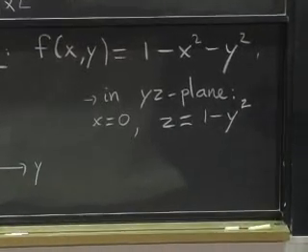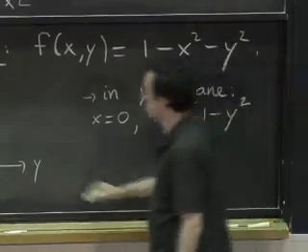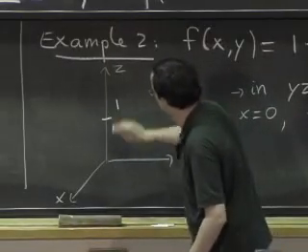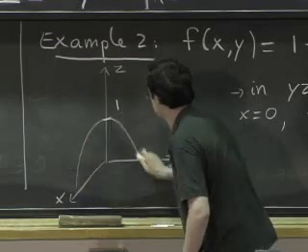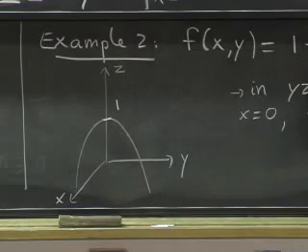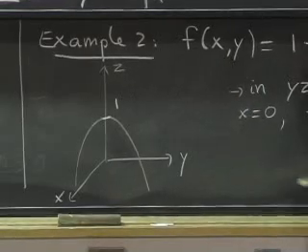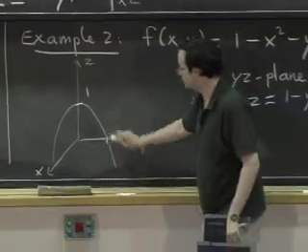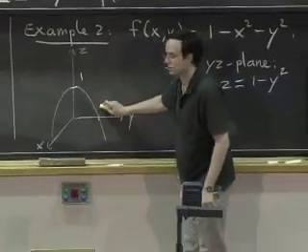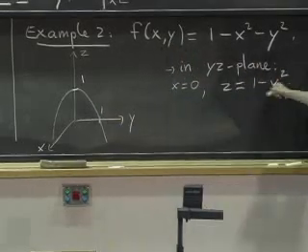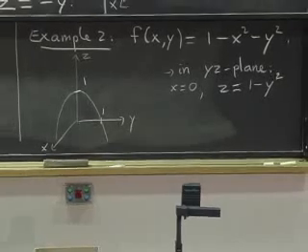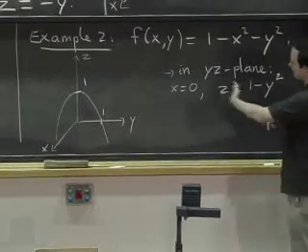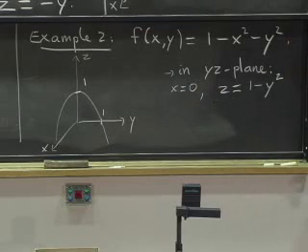It's a parabola pointing downward and starting at 1. Okay? So we should draw maybe this downward parabola. It starts at 1 and it cuts the y-axis at 1. Okay? When y is 1, that gives us 0.